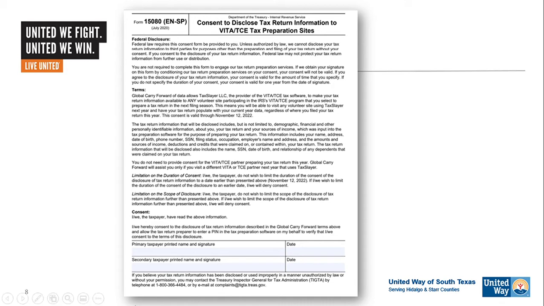Towards the bottom, the taxpayer needs to sign here and then date. This is basically allowing us to keep their information for next year. And just make sure you get the signature.